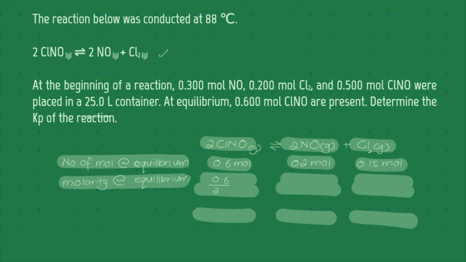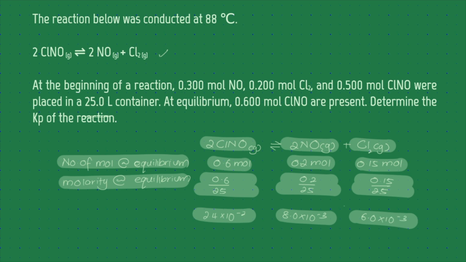The volume is given to you already in liters, so 25. Here is going to be 0.2 divided by 25, and here is 0.15 divided by 25. Therefore, we shall get the molarity at equilibrium equivalent to 2.4 times 10 to the power of negative 2. This one will be 8.0 times 10 to the power of negative 3, and the last one will be 6.0 times 10 to the power of negative 3.